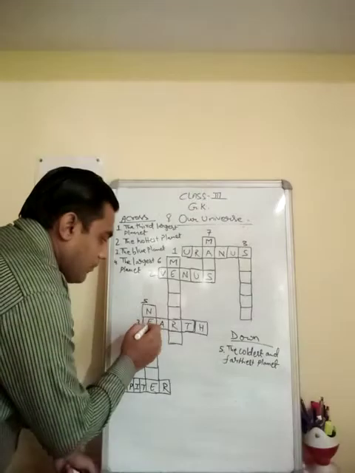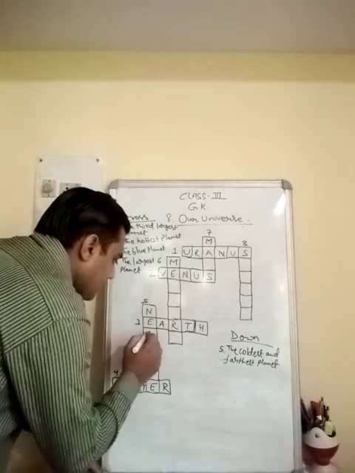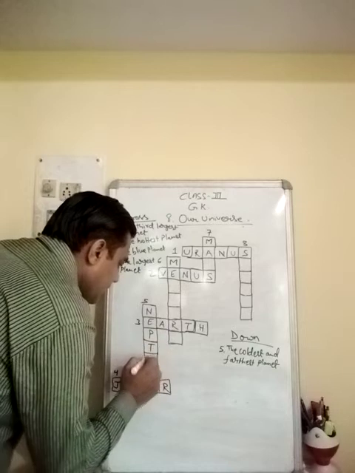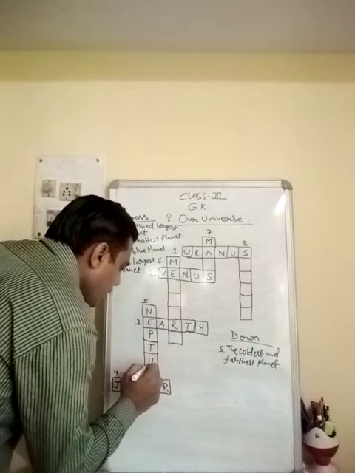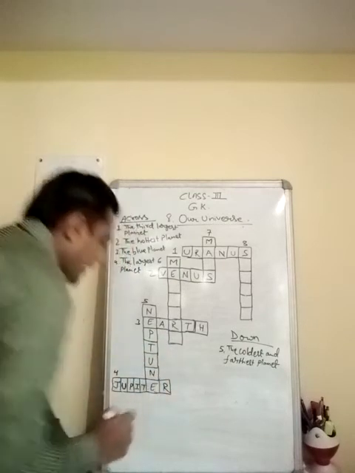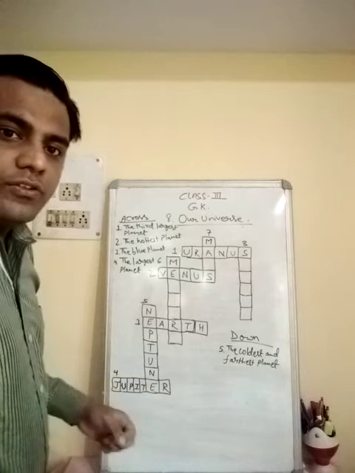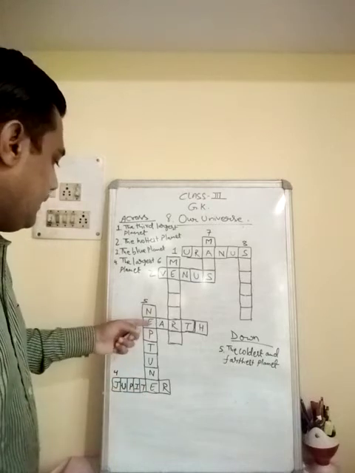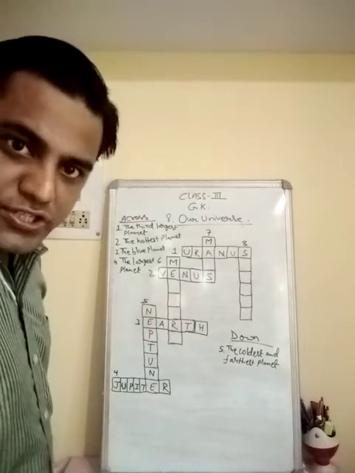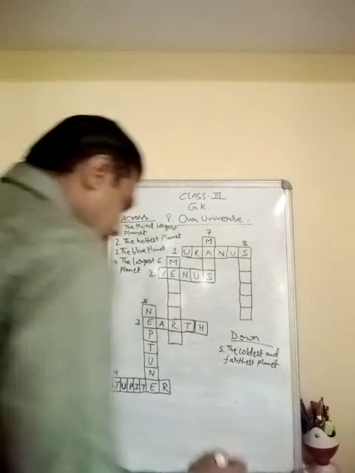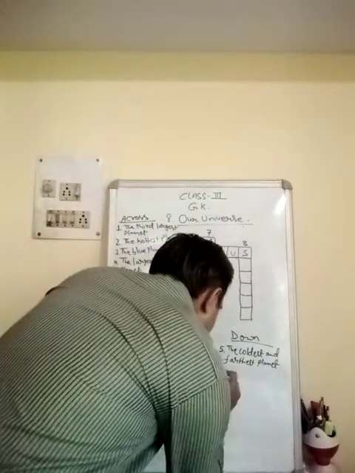So N, and from Earth we already have our E. So P, T, U, N, and from Saturn we have our E. So what do we get? Neptune.